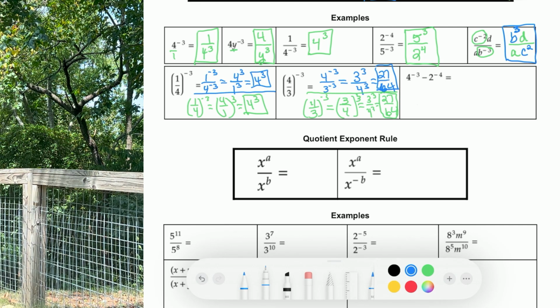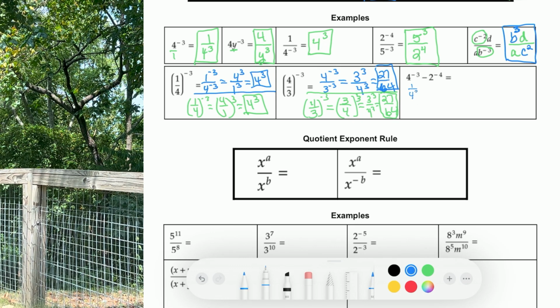We have 4 to the negative 3rd power minus 2 to the negative 4th power. I'm going to go ahead and flip both of these to get our reciprocals. And I get 1 over 4 to the 3rd power minus 1 over 2 to the 4th power.